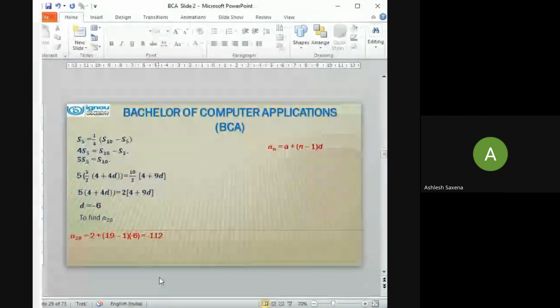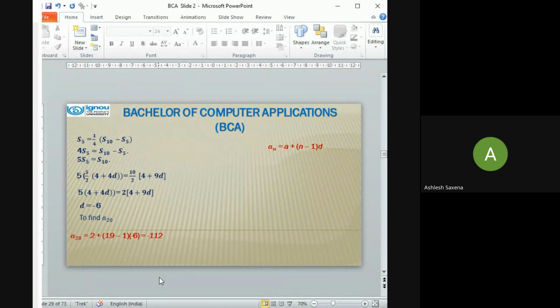Find the value of D. D is equal to minus 6. Now you are supposed to find the value of A20. You have A as 2, D as minus 6, and your n is 20.